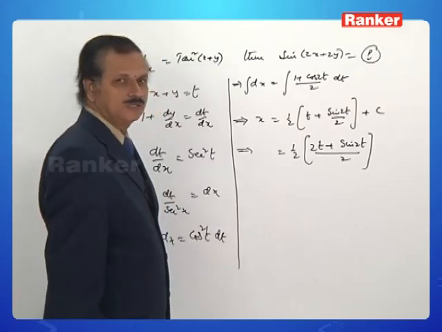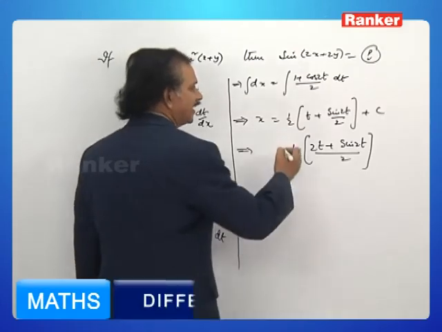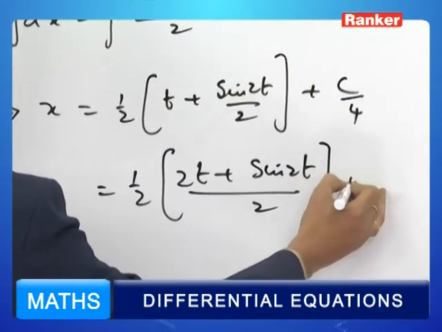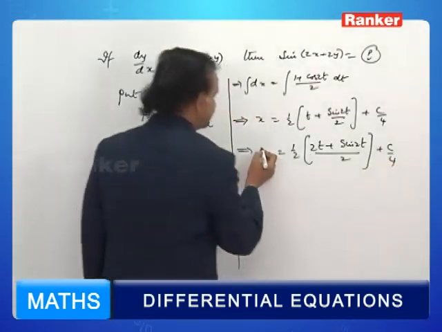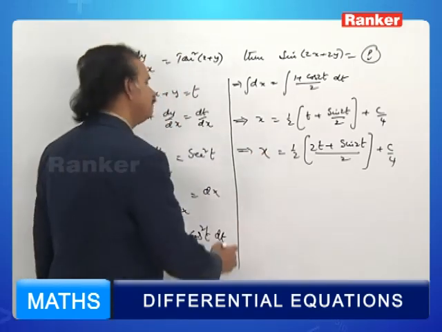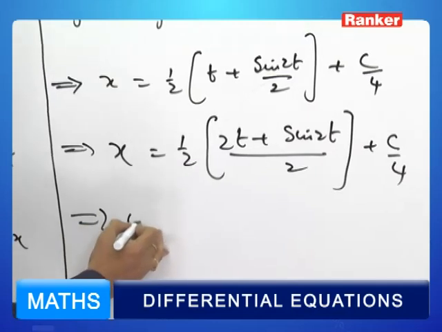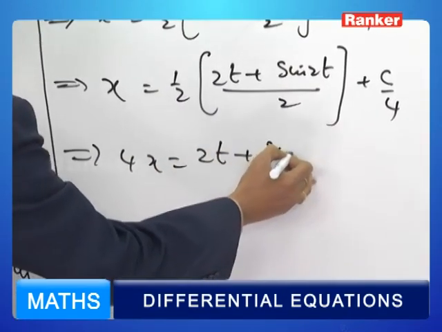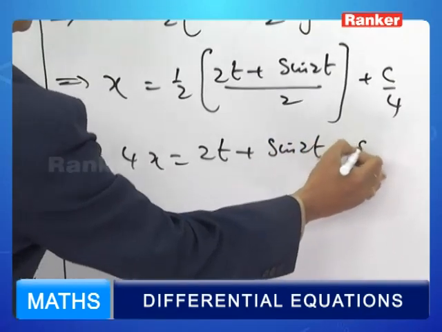Let me take the constant to be some c by 4 in the beginning itself. Now you multiply with 4. What happens? 4x is equal to 2t plus sine 2t plus c.